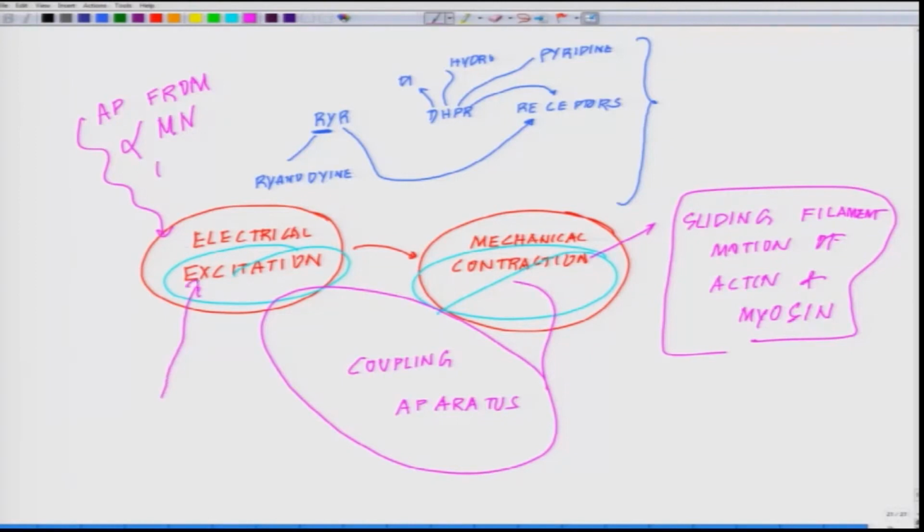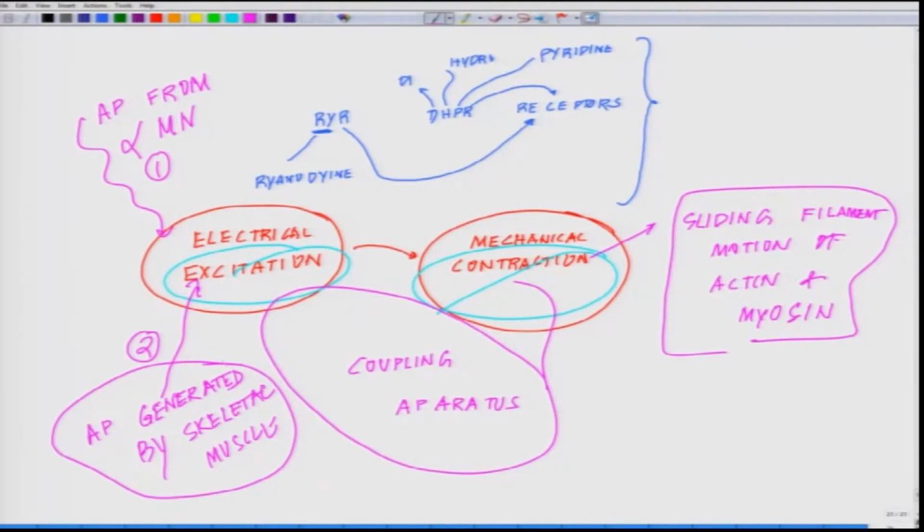Second level is, if this is the first one, second one is action potential generated by skeletal muscle, and this action potential generated by the skeletal muscle leads to a muscular contraction governed by sliding filament motion of actin and myosin.